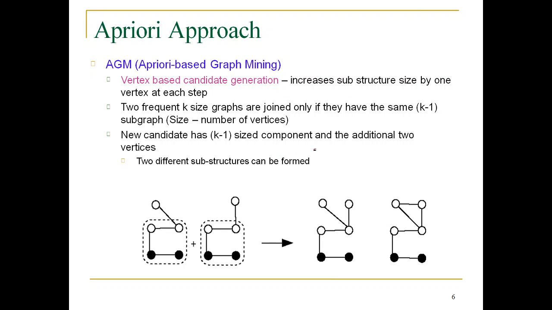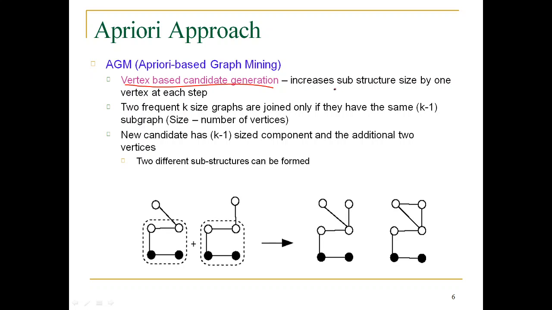In the Apriori-based approach, you have two types of methods. The first one is AGM, that is Apriori-based graph mining. In this we are using vertex-based candidate generation.